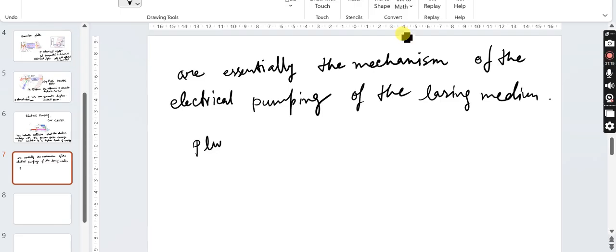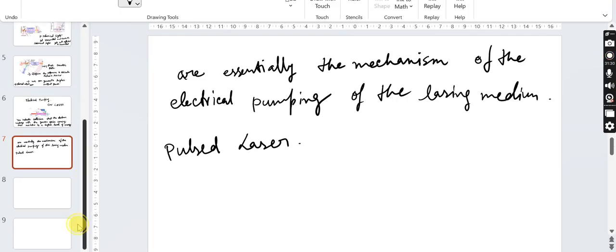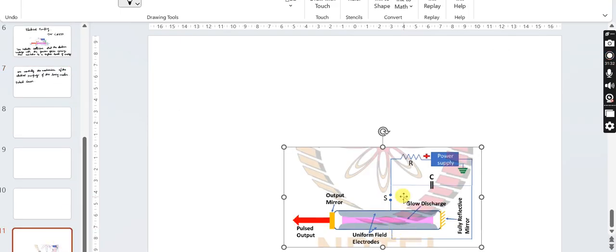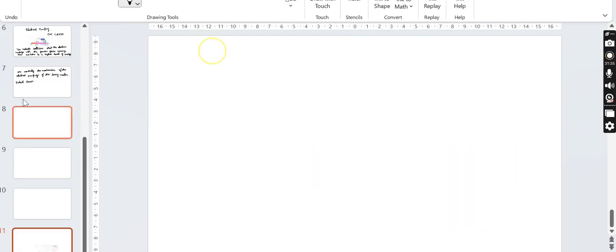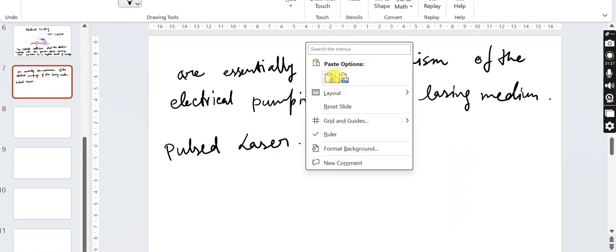Or pulsed laser. The schematic is like this.